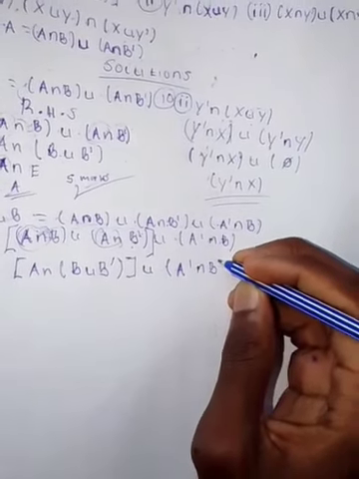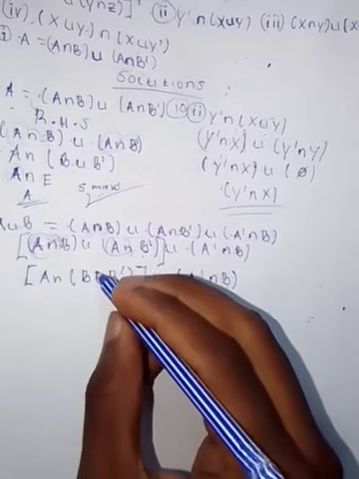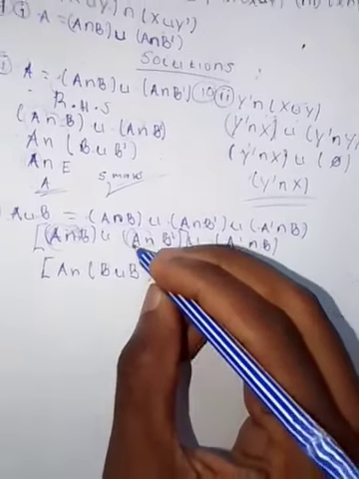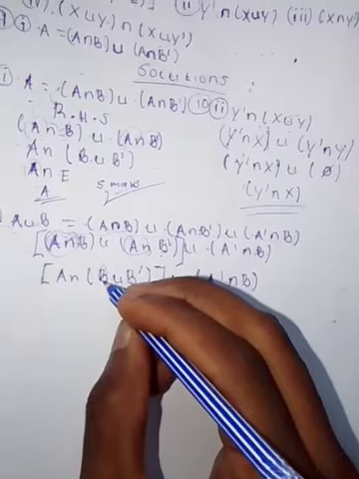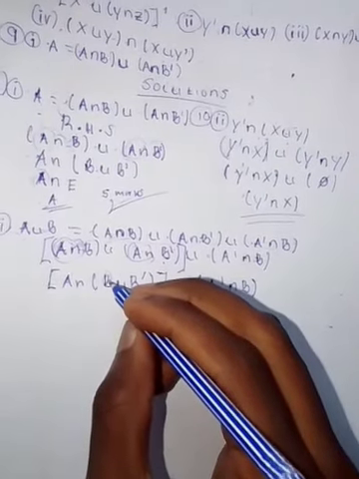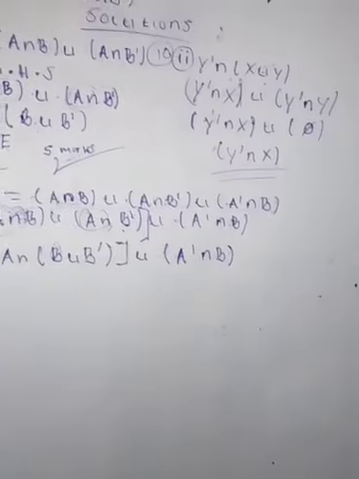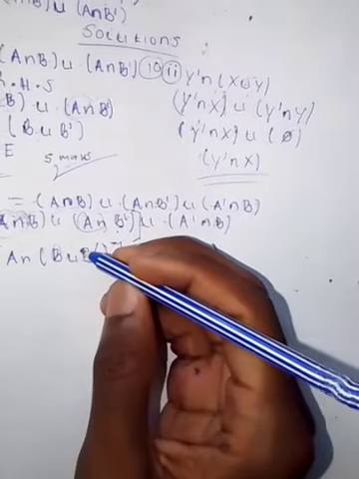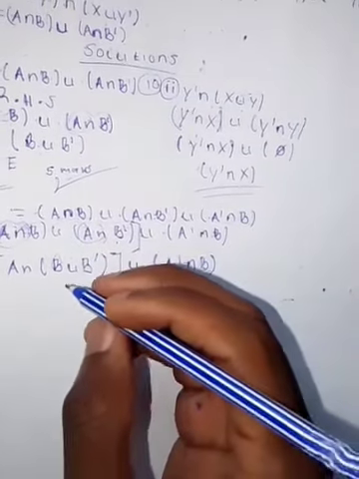Okay, so now as you can see, when you look at what is inside A, there is an identity inside. We say that when a set is united with a complement of itself, it is equal to a universal set.